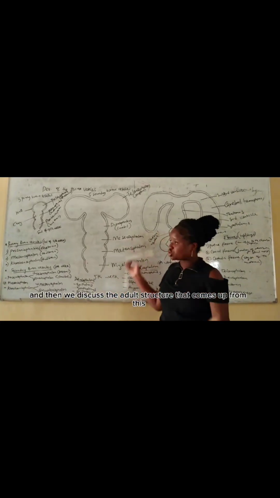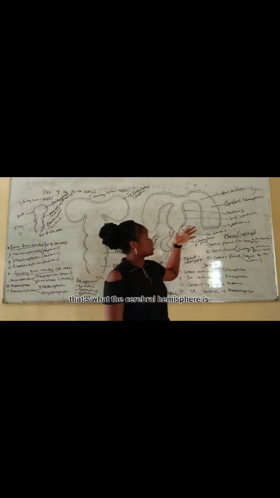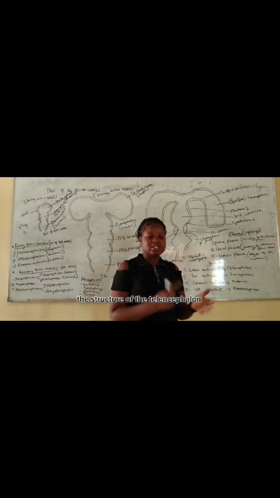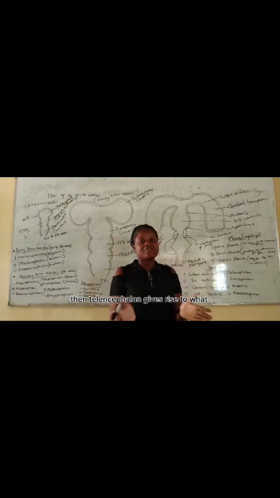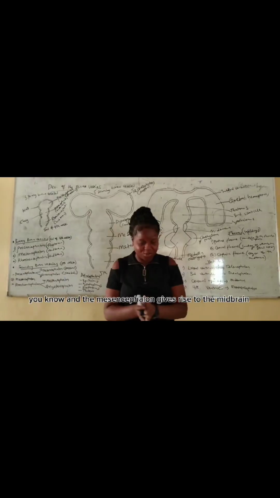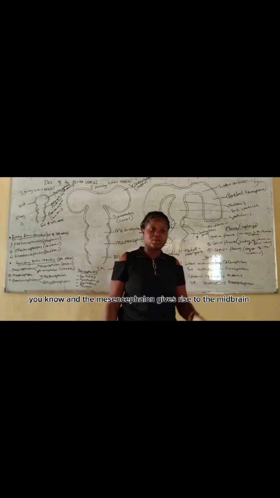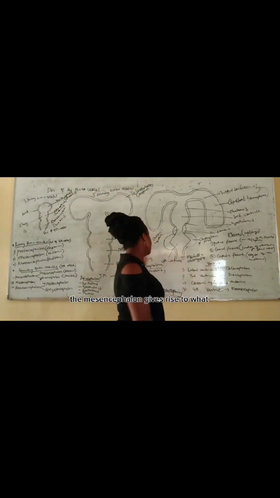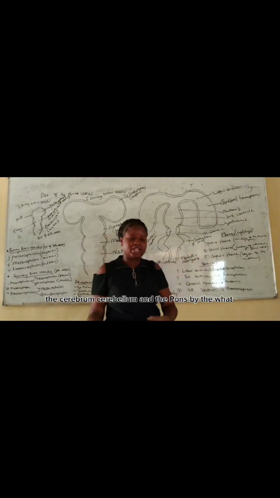And then we discussed the adult structures that come from these secondary brain vesicles. The cerebral hemisphere is the structure of the telencephalon, the olfactory lobe, and all of that. The diencephalon gives rise to the thalamus, epithalamus, and all of that. And the mesencephalon gives rise to the midbrain. The metencephalon gives rise to the cerebellum and the pons.